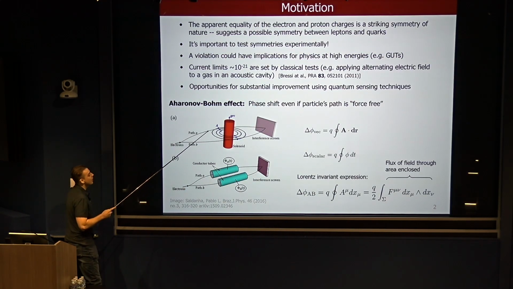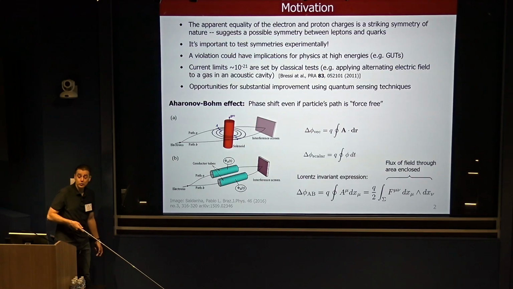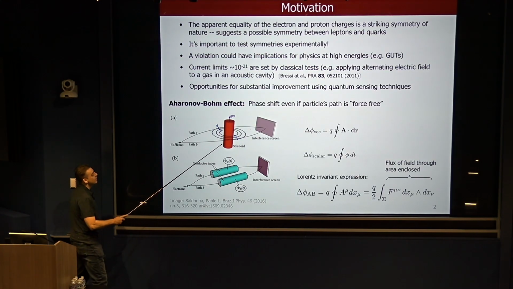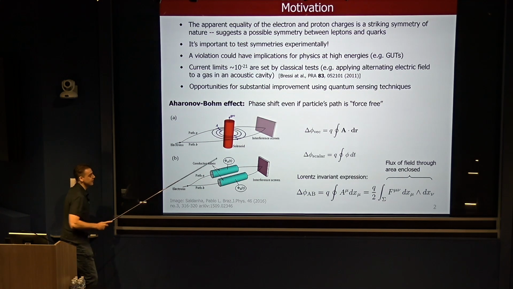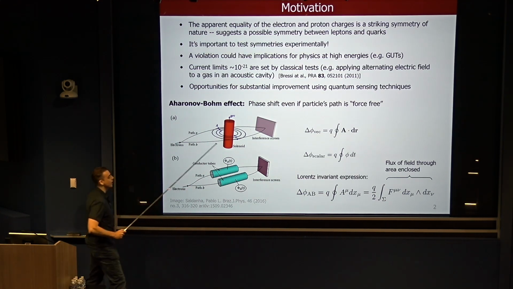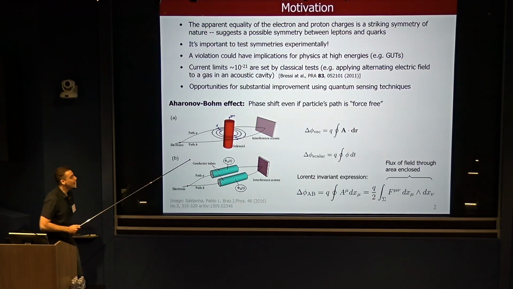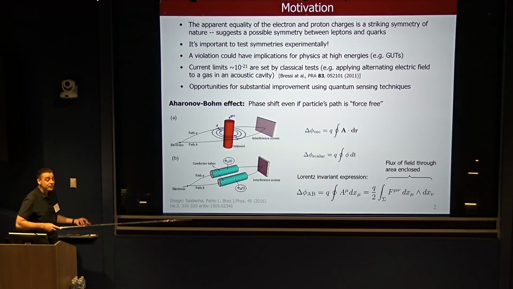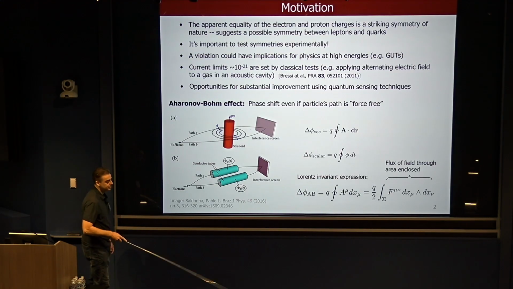So there would be no classical force, q v cross B, on this electron. And yet, quantum mechanically, the vector potential outside that the electron sees results in a phase shift. You take the line integral of A dot dl around the loop that the electron passes, and that changes the interference pattern. This is sometimes called the vector Aharonov-Bohm effect because it involves the vector potential A.